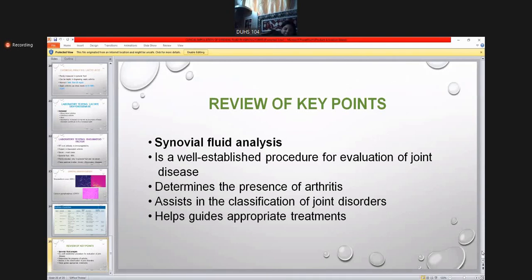It assists in the classification of joint disorders, as we have discussed, that either it is an inflammatory disorder, or it is non-inflammatory, it may be a septic arthritis, it may be a hemorrhagic arthritis. So we can classify it according to the grouping of joint disorders, right? And then help and guide appropriate treatment. So this was all about the clinical implications of the synovial fluid.